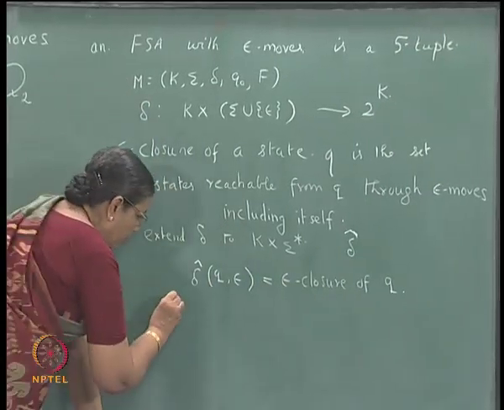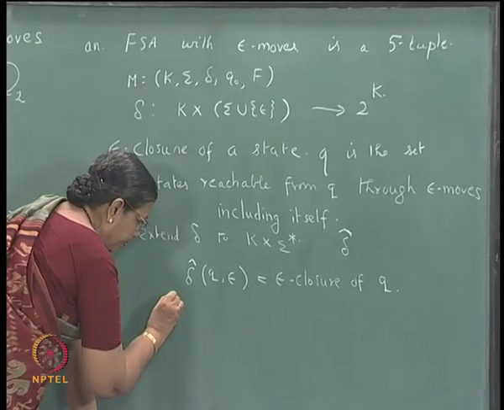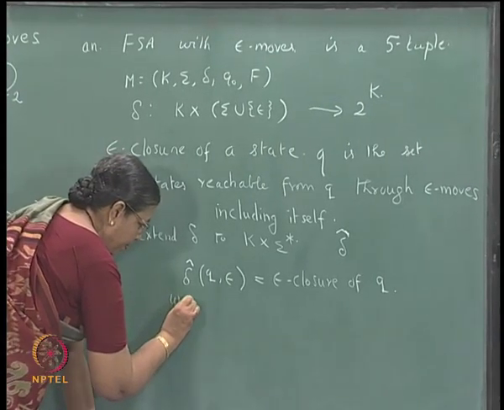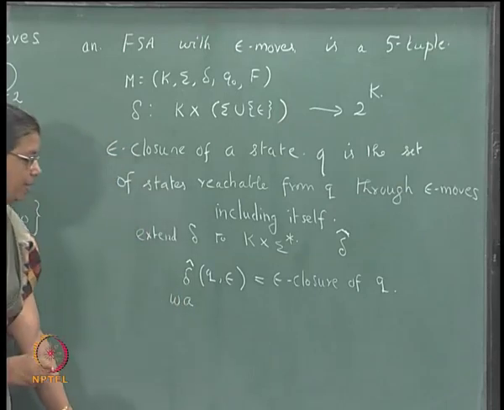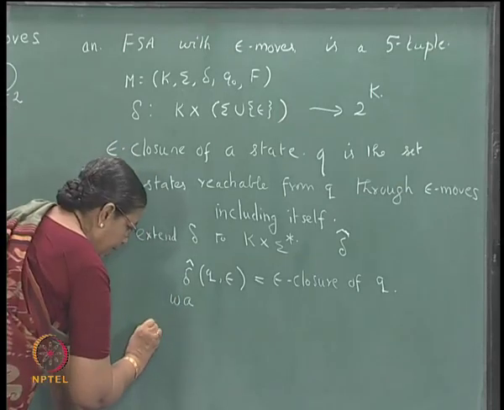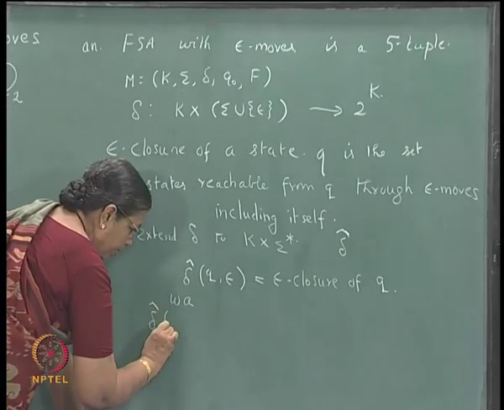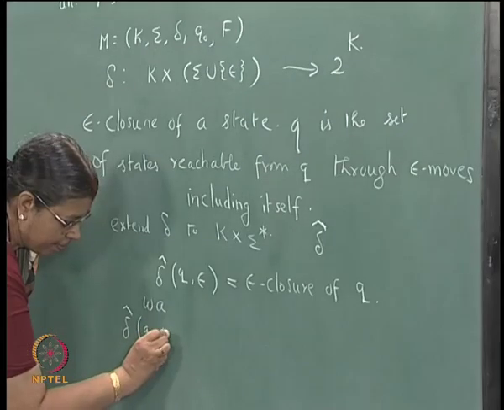Now, if you have a string W and a symbol A, how do you define delta cap of Q, WA?